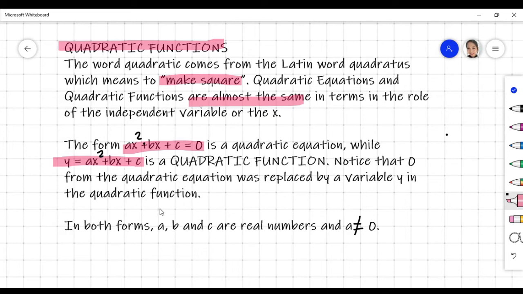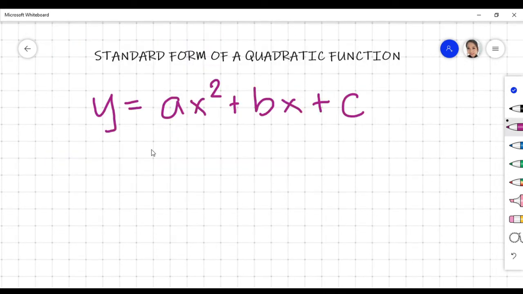So in both terms, the quadratic equation and the quadratic function, the a, b, and c are real numbers, and we still follow that a is not equal to 0. So again, the standard form of a quadratic function is of the form y equals ax squared plus bx plus c.